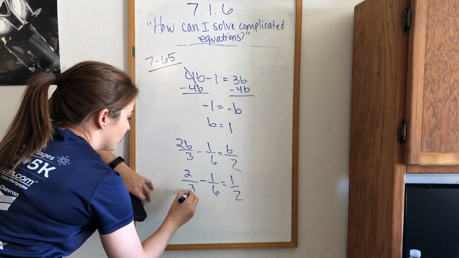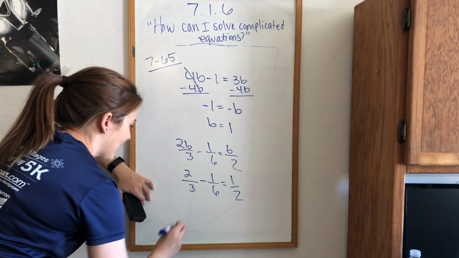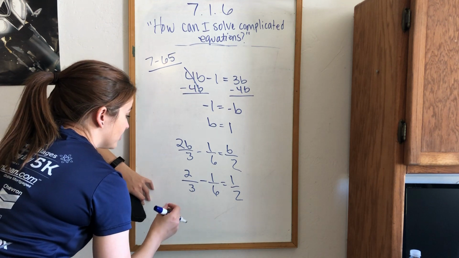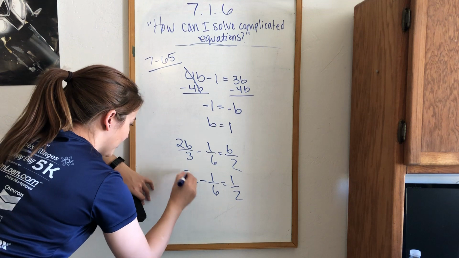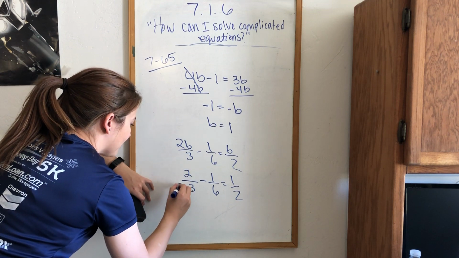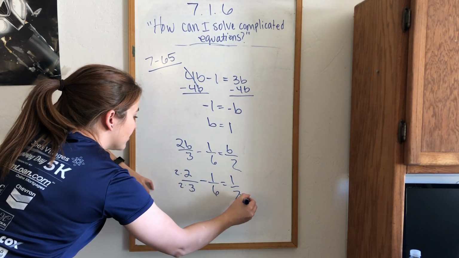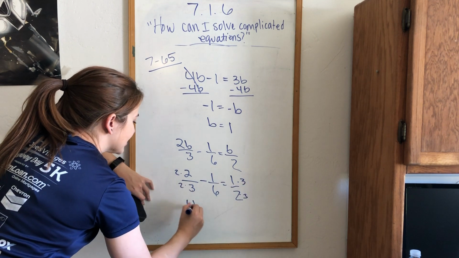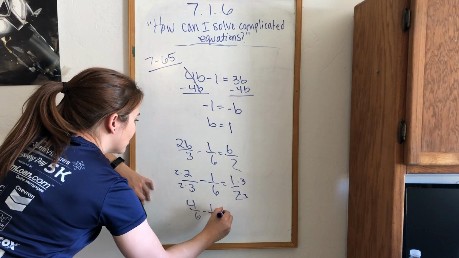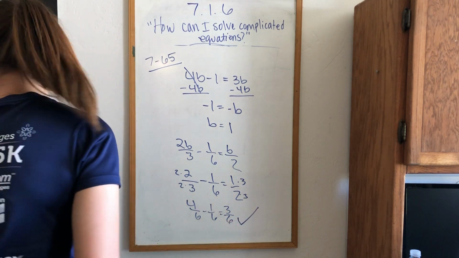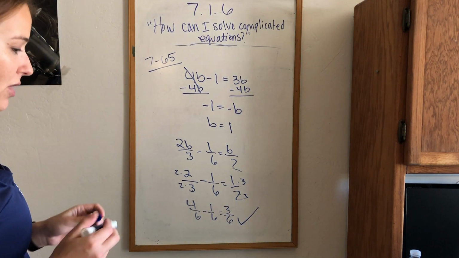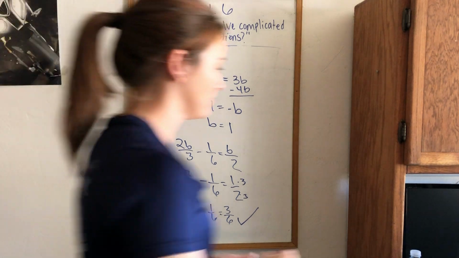Does that work? We can do common denominators again. If we multiply by 2, and multiply by 3, you get 4/6 minus 1/6 equals 3/6. And that looks correct. So b is 1, and we checked our solution.